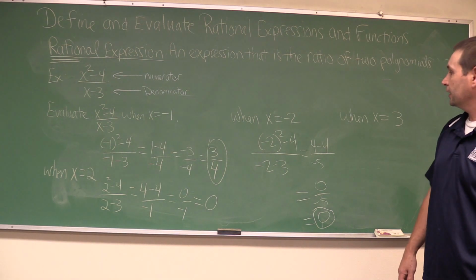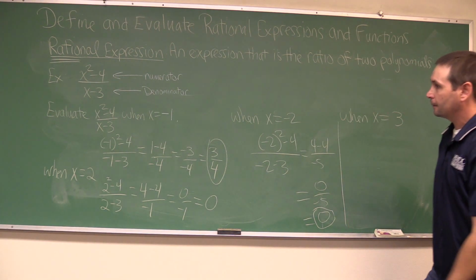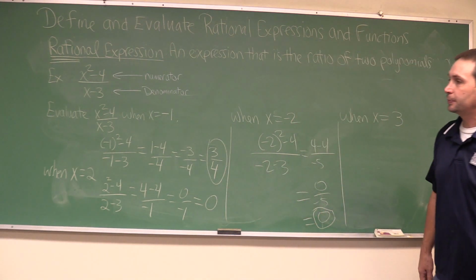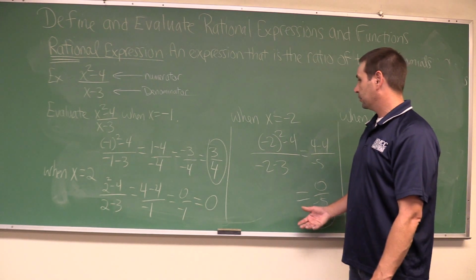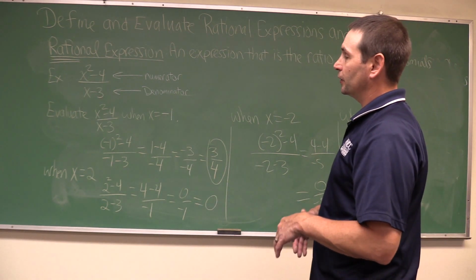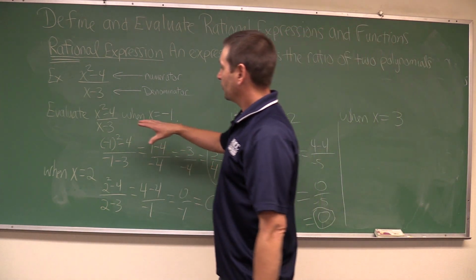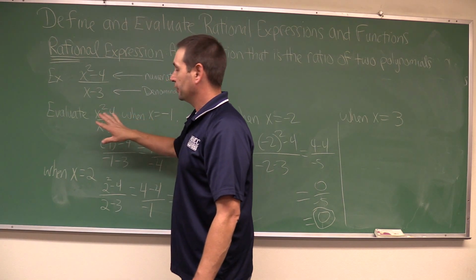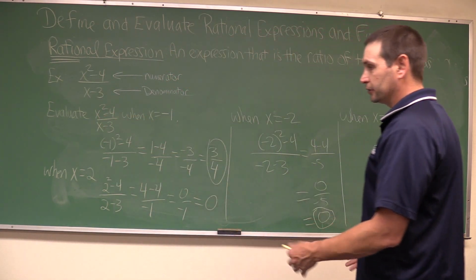And that's my answer for that one. So those are the two values for that expression that make it 0 when you evaluate it, 2 and -2. That's an important point. If I ever wanted to know what makes this 0, just look at the numerator, ignore the denominator, set that equal to 0 and solve.